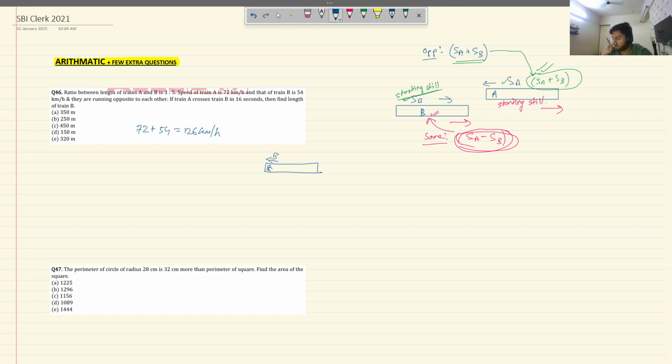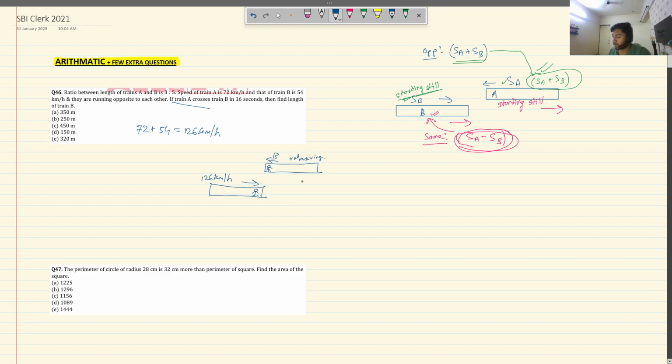And train A crosses train B. This is my train A, coming from this direction, and here is the driver of train A. So I am saying that this train is carrying the relative velocity of 126 kilometer per hour. That means this train B is standing still in its position. This train is not moving.